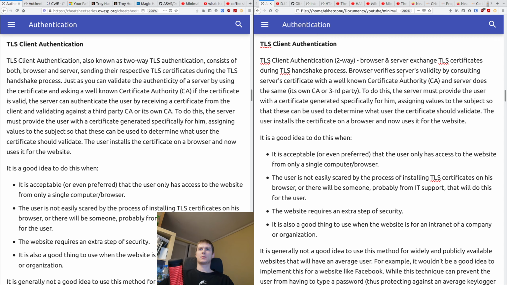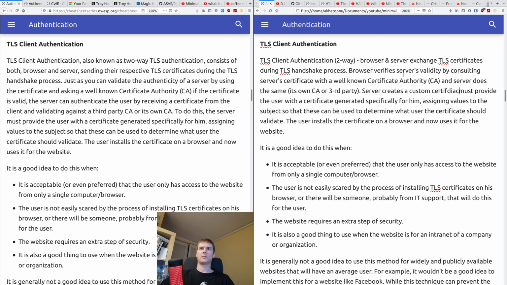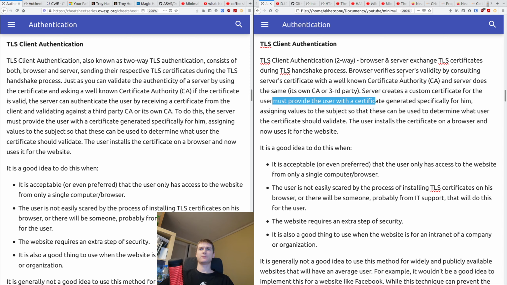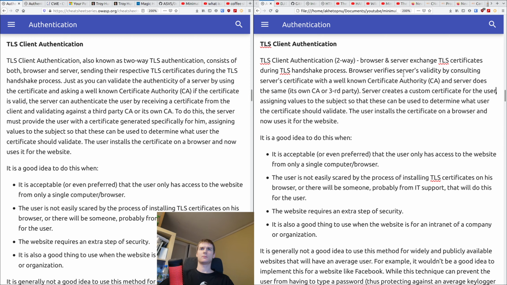To do this, the server must provide the user with a certificate it generated. The server creates a custom certificate for the user and assigns values to the subject. What subject?